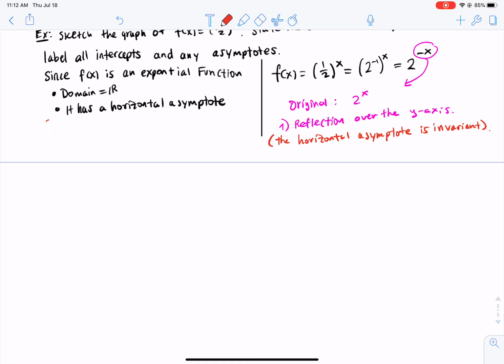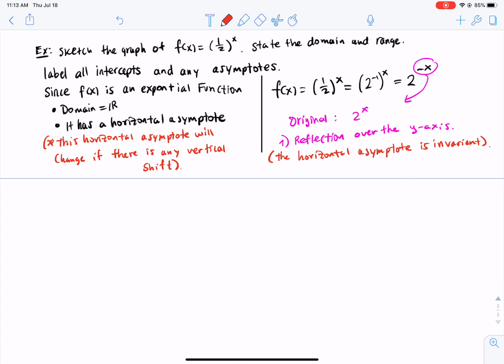So this horizontal asymptote will change if there is any vertical shift. In this case, there's only one transformation, which is a reflection over the y-axis.